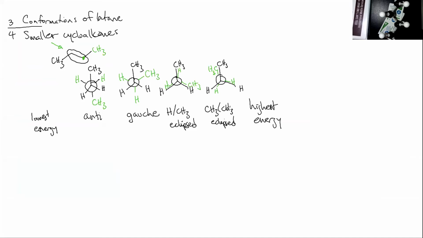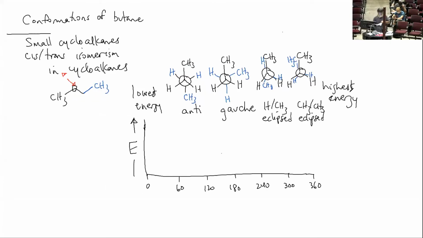If we start, let's say, in the methyl-methyl eclipsed conformation, another 60 degrees and we've got a gauche, another 60 and it's methyl hydrogen eclipsed. And we need to show, relatively speaking, just qualitatively, what those relative energies are. So the energy diagram will look not entirely different from the one with ethane.